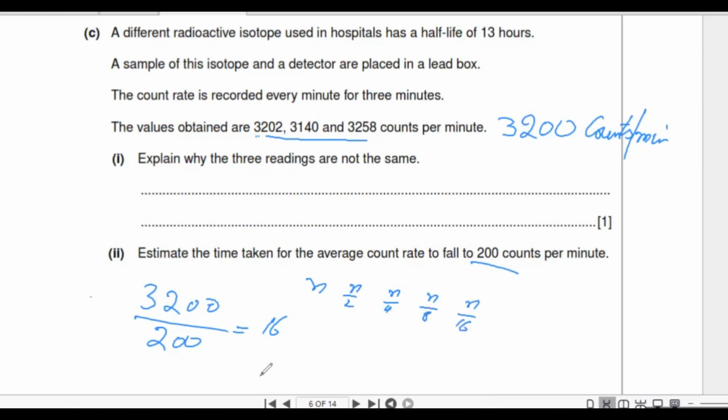So it's the fourth half-life. What was the half-life here? 13 hours. So the time would be 4 half-lives, 4 into t half, which is 4 into 13 hours, 52 hours.